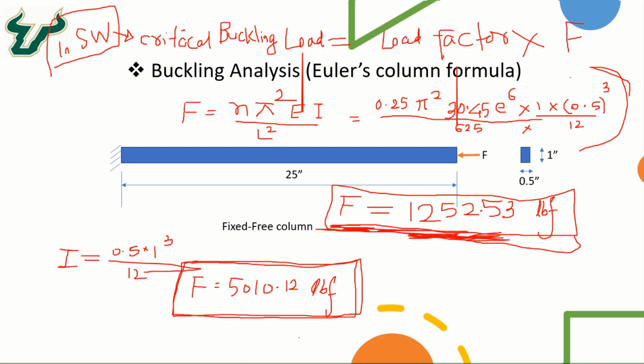That is the idea behind using the force F equal to 1 pound or 1 unit load. That way, whatever load factor we get from SolidWorks is basically equal to the critical buckling load.